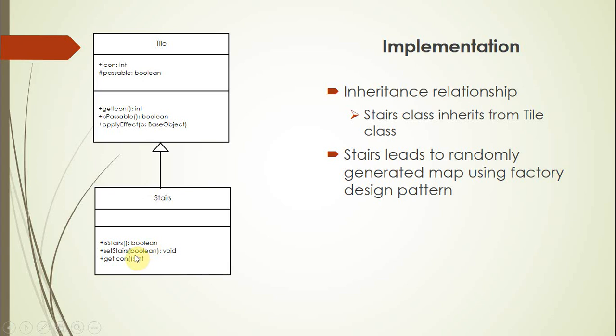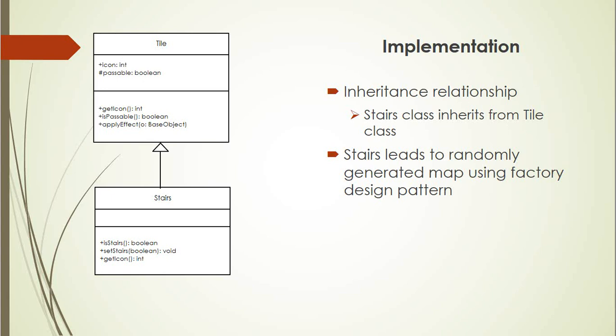So the stairs class has several methods to check whether it's a stair or not, such as isStairs and setStairs and get icon. The isStairs and setStairs methods were used in the game board class, which uses a canvas to display game objects onto the screen.